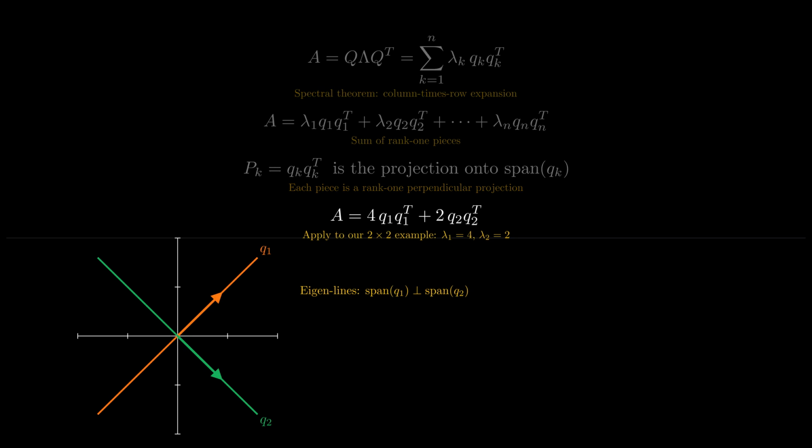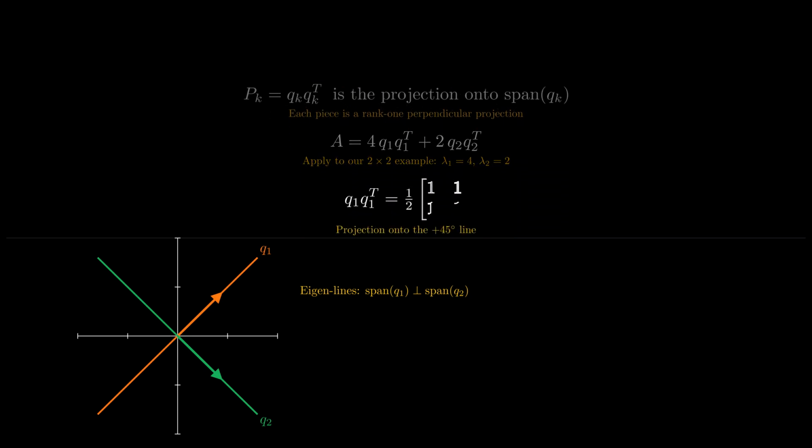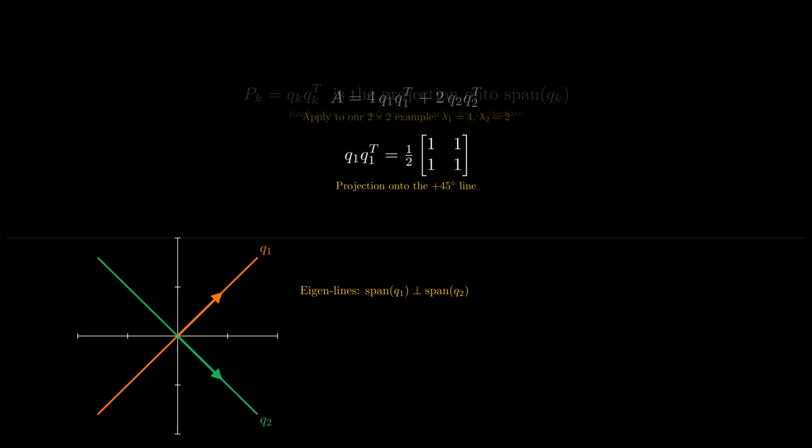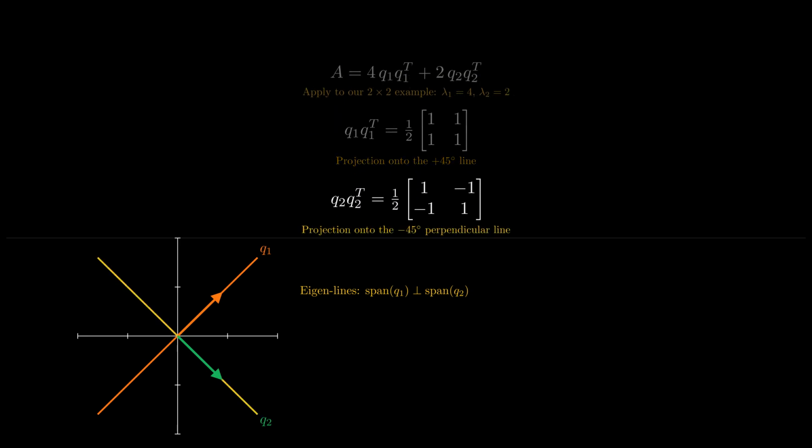Let's see this for our example. A equals 4 times Q1 Q1 transpose plus 2 times Q2 Q2 transpose. The first projection, Q1 Q1 transpose, is the matrix with all entries 1/2. That's projection onto the 45-degree line. The second, Q2 Q2 transpose, has entries 1/2, -1/2, -1/2, 1/2, projection onto the perpendicular line at -45 degrees.